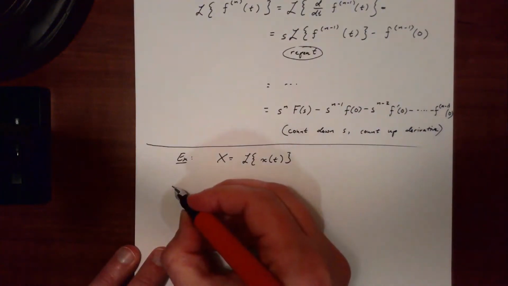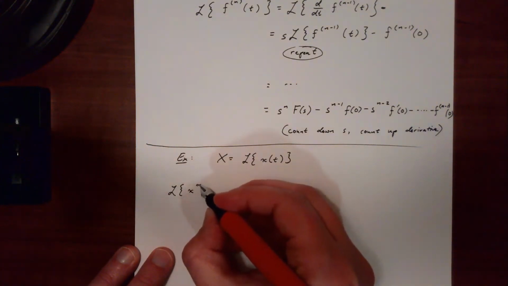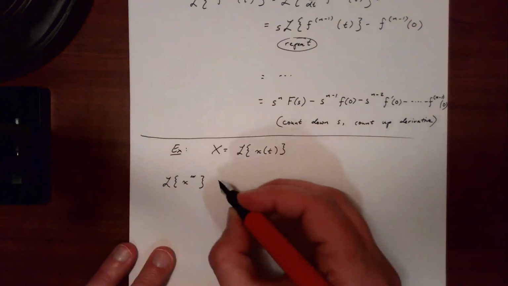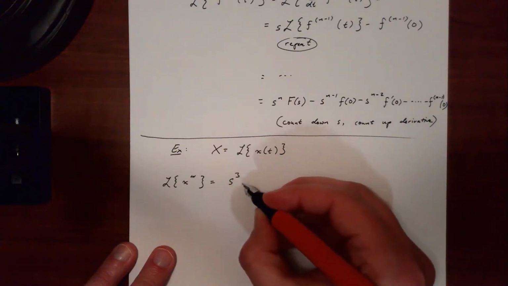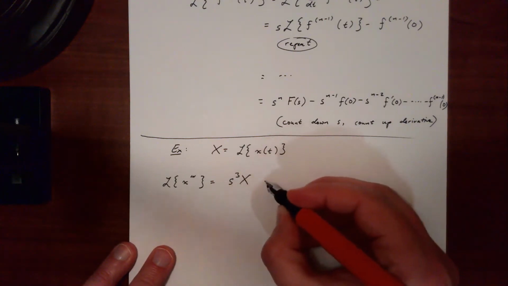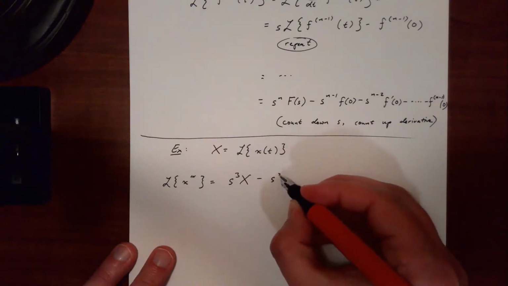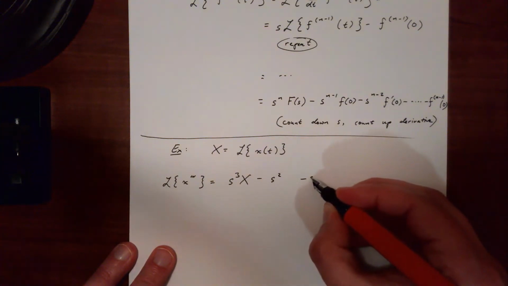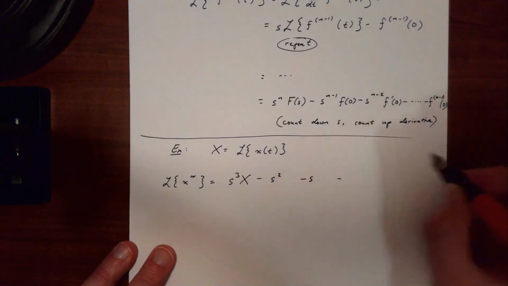Then the Laplace transform of the third derivative of x is going to equal s cubed times X, minus, now the s's count down and the derivatives count up, s squared, and then minus s, and then minus just the x.